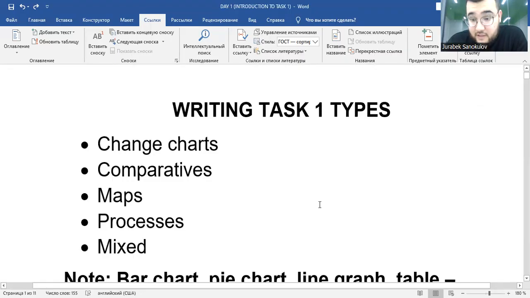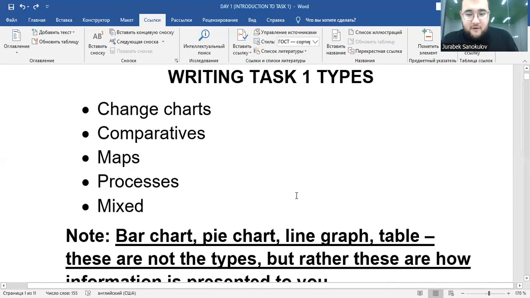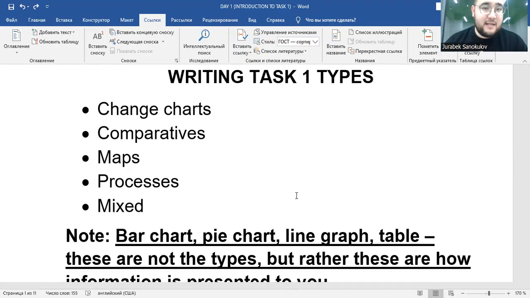So these are the types of task one, and this was the main focus of today's video. Let's recap everything that we have covered so far. Task one types. Whenever someone asks how many task one types there are, you don't say pie charts, bar charts, line graphs, whatever. We say chain charts, comparatives, maps, processes, and mixed.